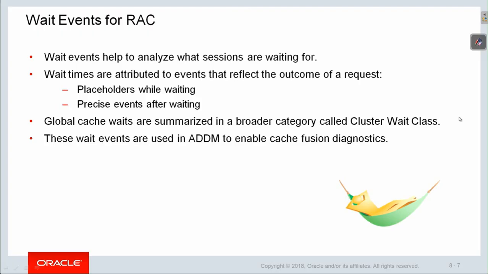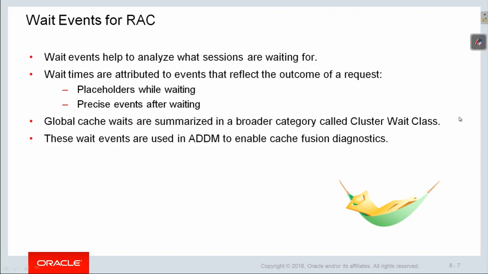Just like in a single instance environment, even in a RAC environment, there is the same set of waits plus additional RAC-specific wait events. If performance goes bad in your environment, then you may want to compare wait events and their wait times.